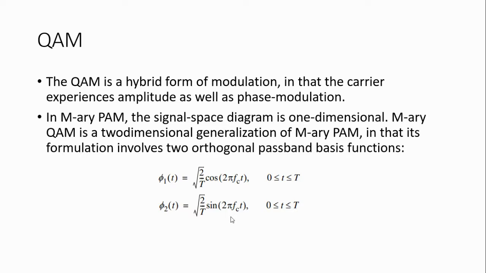M-ary PAM has a one-dimensional signal space diagram. M-ary QAM is the two-dimensional generalization of M-ary PAM. The two orthonormal functions are φ1(t) equal to square root of 2/T cos(2πfct), with t ranging from 0 to T, and similarly φ2(t) equal to square root of 2/T sin(2πfct), with t ranging from 0 to T.